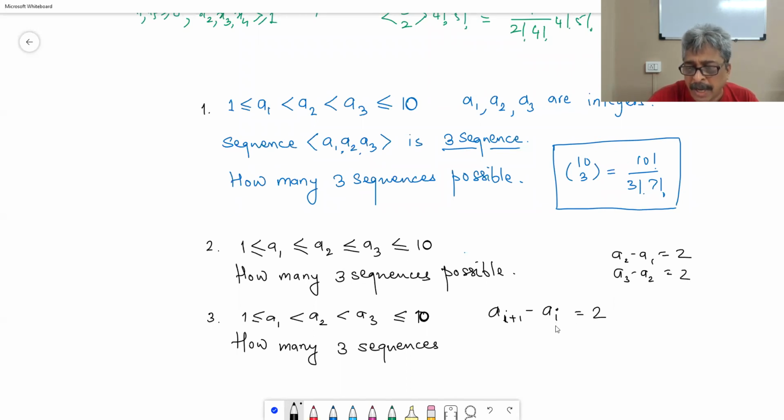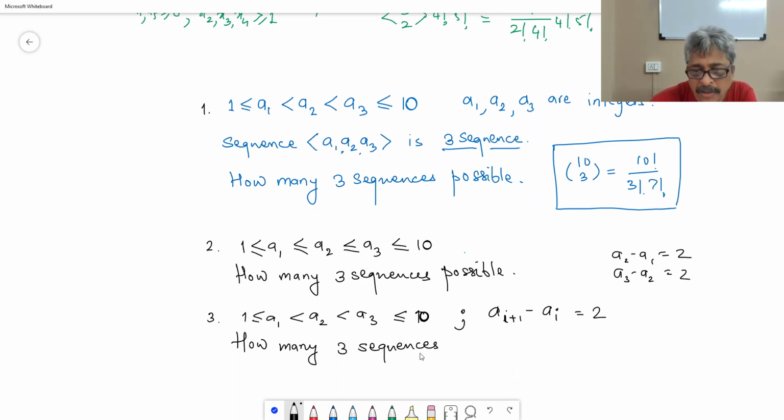That is the meaning of i. Otherwise I would have written it 2 times. Instead, I write it in terms of i, that is generalized. A(i+1), that is next term minus previous term, is 2.